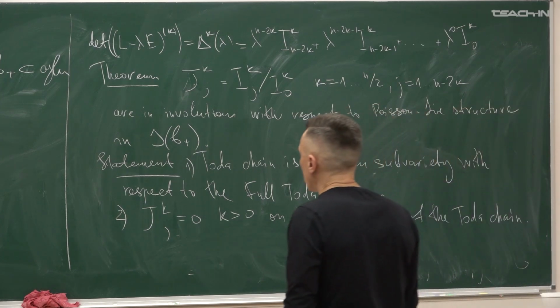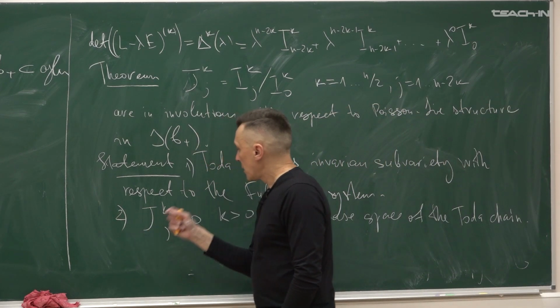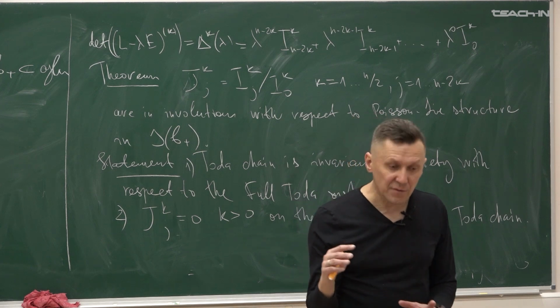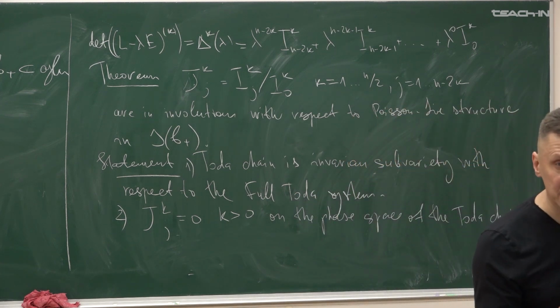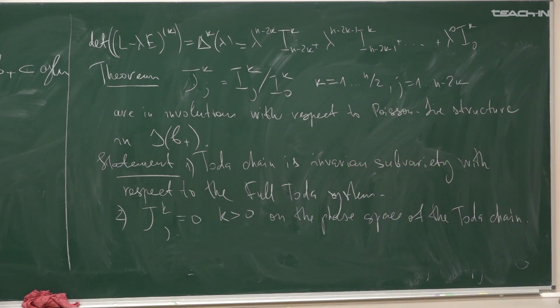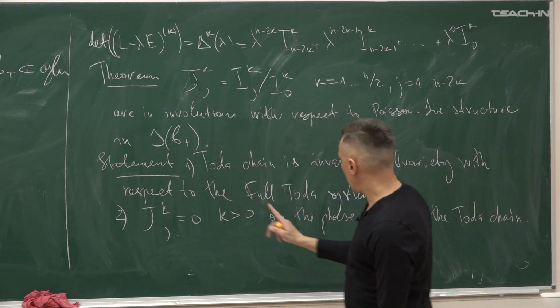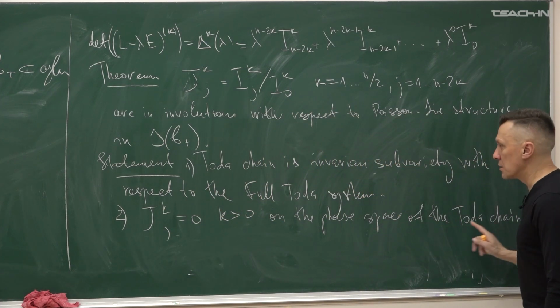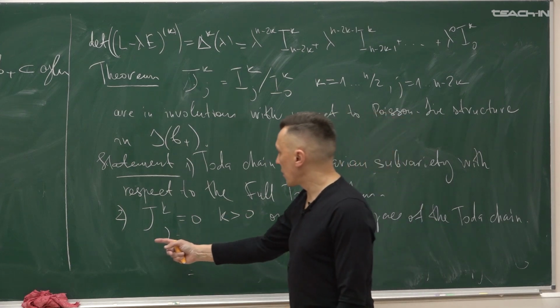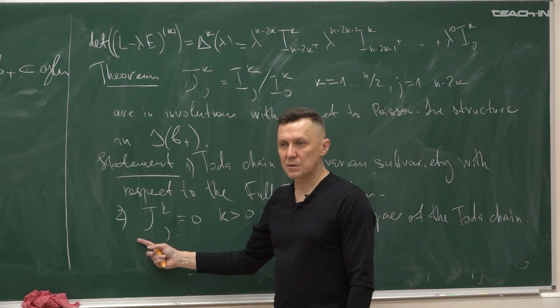You remember that the level sets of Hamiltonians, of integrals, is an invariant subspace with respect to the Hamiltonian vector fields. So it is quite simple to demonstrate that the phase space of the Toda chain is a subspace of this level set.